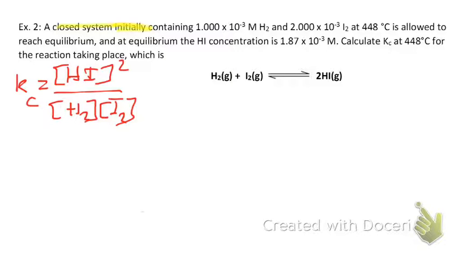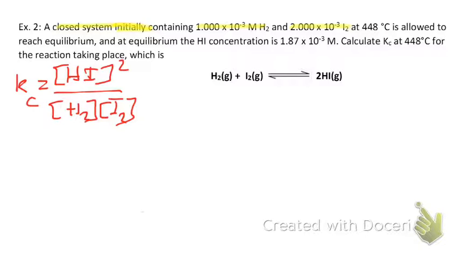So the initial concentration for hydrogen is 1.000 times 10 to the minus 3 molar. For I2, it's 2.00 times 10 to the minus 2. And this reaction is going to take place at 448 degrees C, and it's going to be allowed to reach equilibrium.